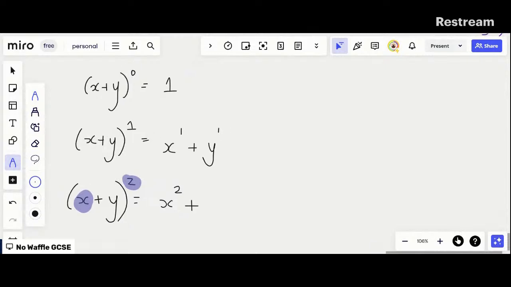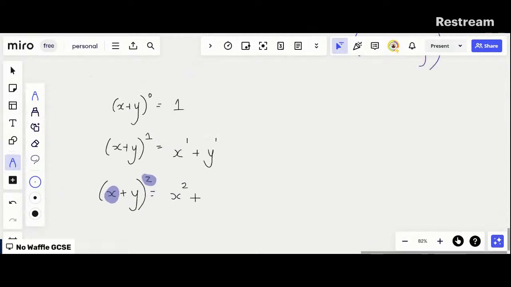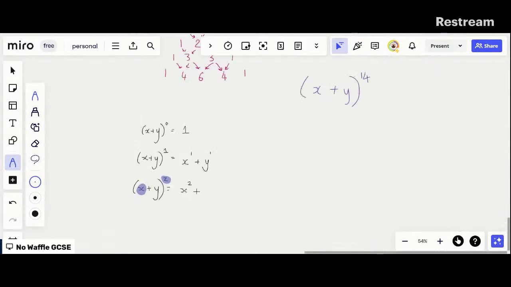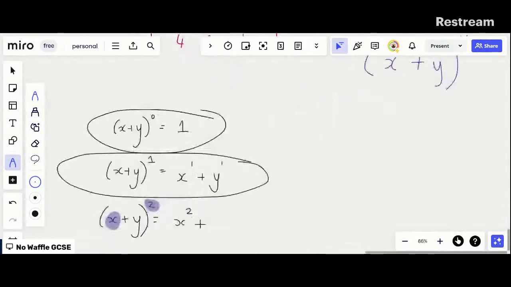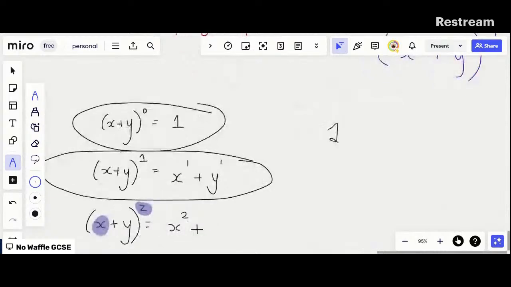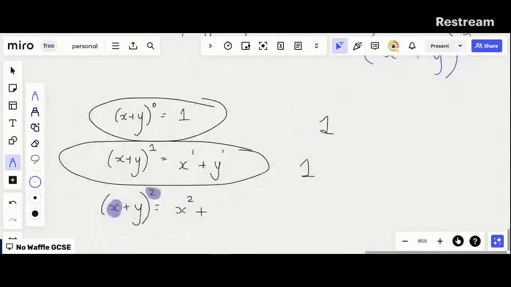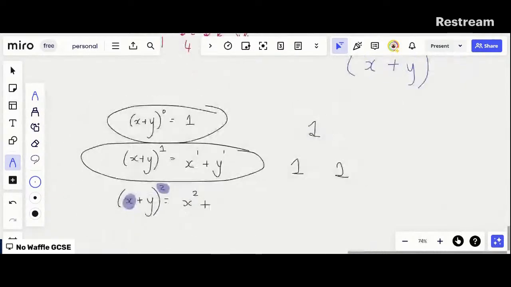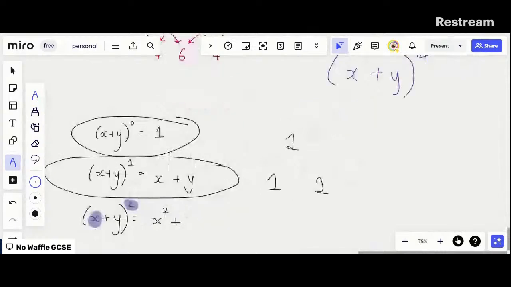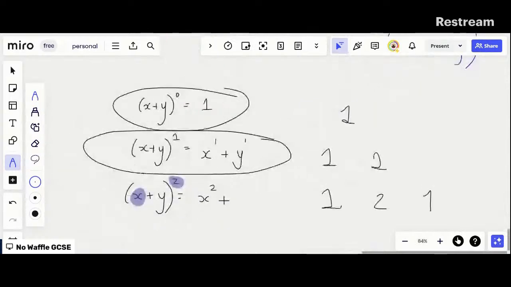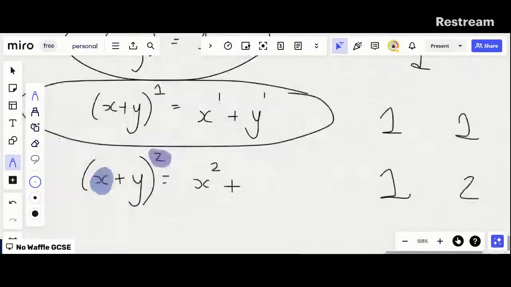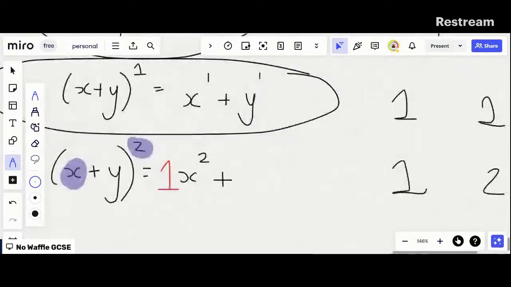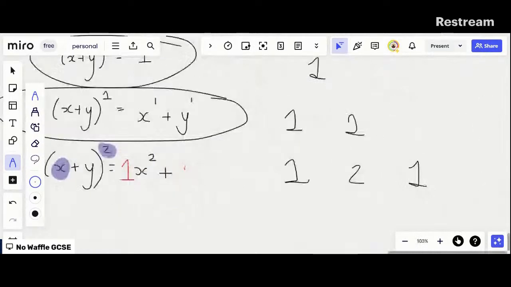Because this is the first row, and this is the second row, the coefficients of x and y in those cases were 1, and 1, 1. So the coefficients here will be the next row of Pascal's triangle, which is 1, 2, 1. So the first coefficient here is 1, and then the next coefficient is going to be 2.